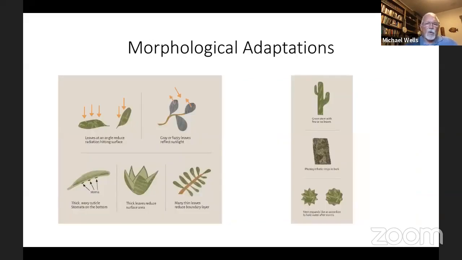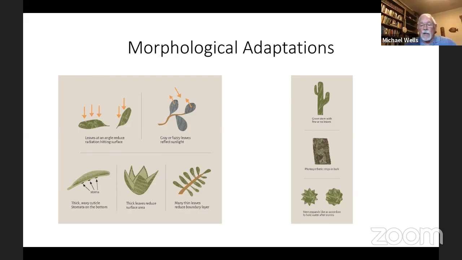And so we talk about morphological adaptations of plants, things like certain plants have leaves that are held at an angle to the sun. Also, plants have fuzzy or light colored coatings that reflect away sunlight. They have thick, waxy cuticles that reduce the loss of water through evaporation.